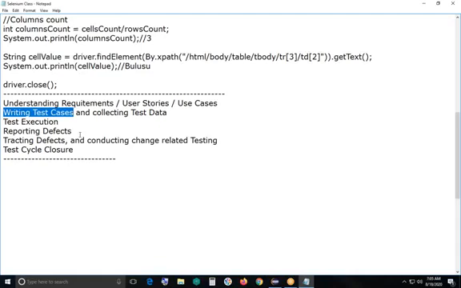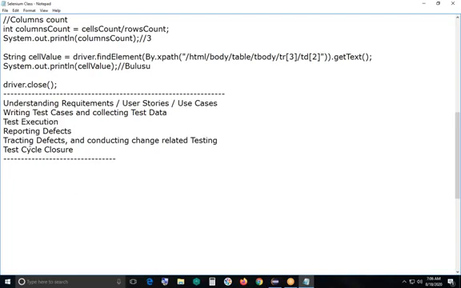Suppose there is lack of documentation or lack of time, we conduct informal testing. In informal testing, there is no understanding requirements, no writing test cases, only execution with previous experience-based testing. In formal and informal testing, test execution is the mandatory task.